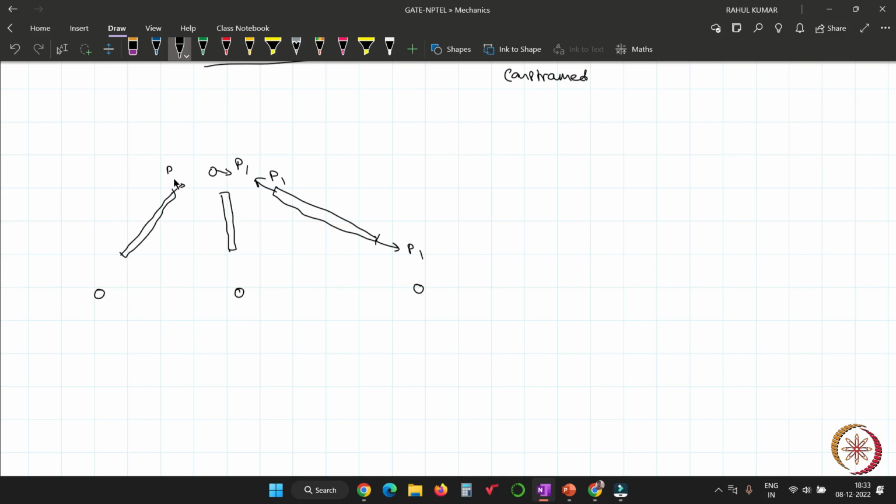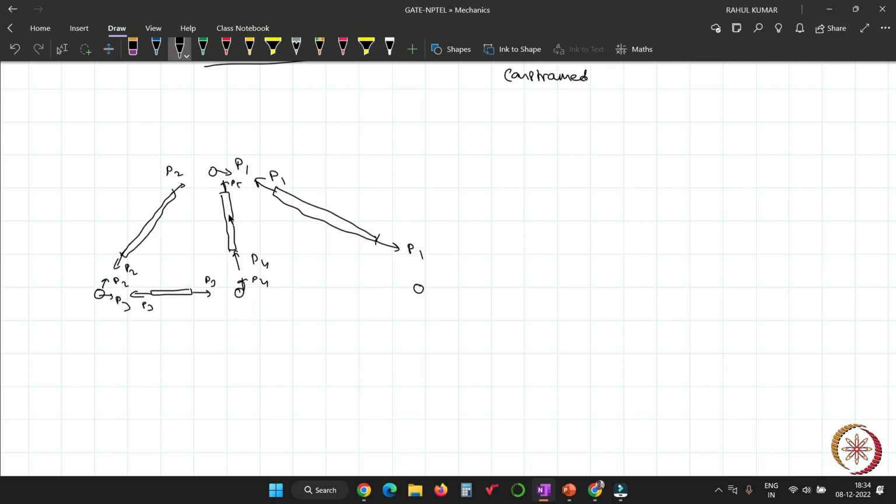Now this member has the force P2. Then there will be an equal and opposite force here also, so this pin joint will have P2. Now the member here, suppose it is P3, then there is a force P3. Suppose it is P4, then there is P4.